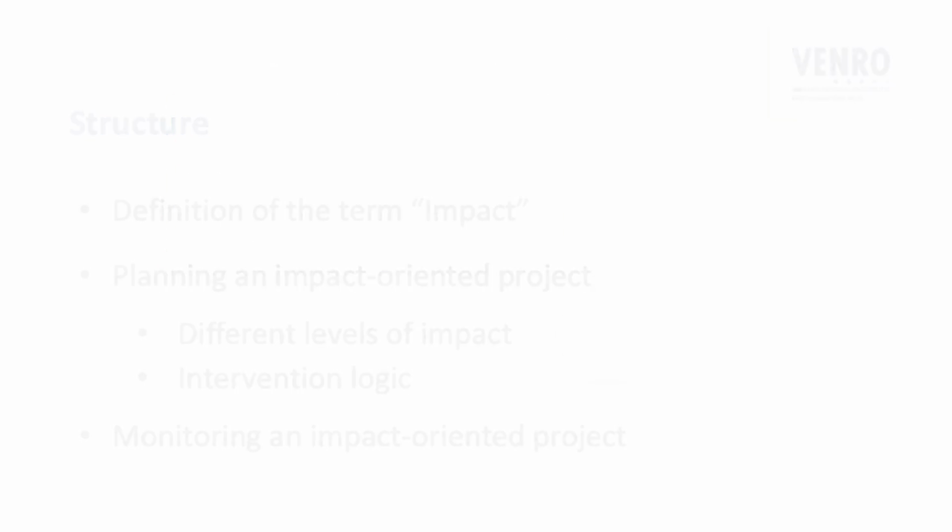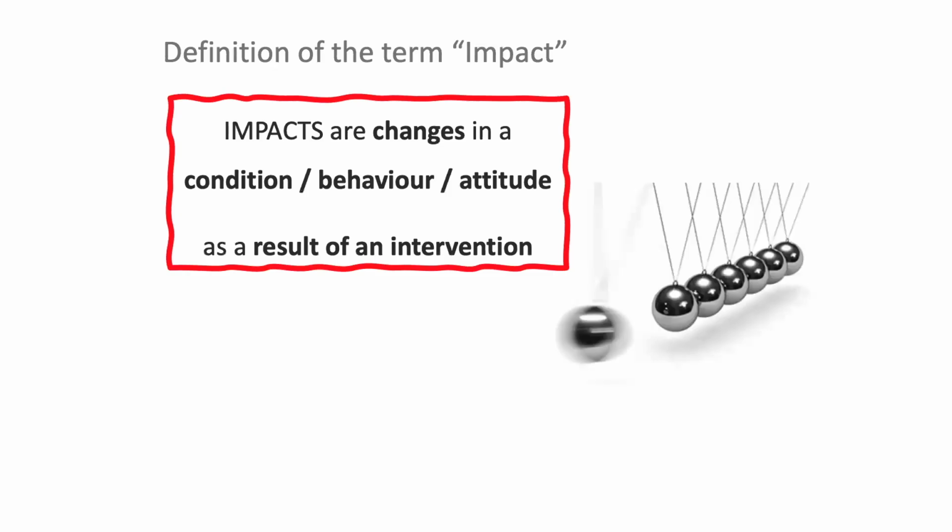When we talk about impacts, then we are talking about changes in a condition or in a behavior or attitude as a result of an intervention. And this is important because it means that not any change is an impact.